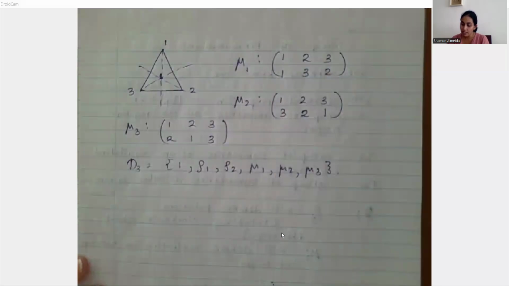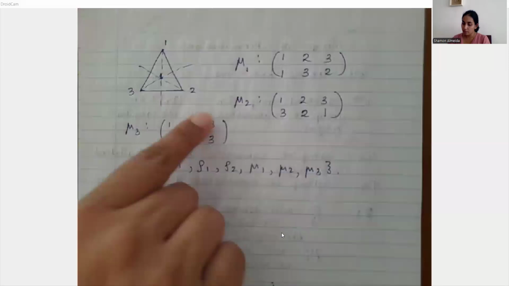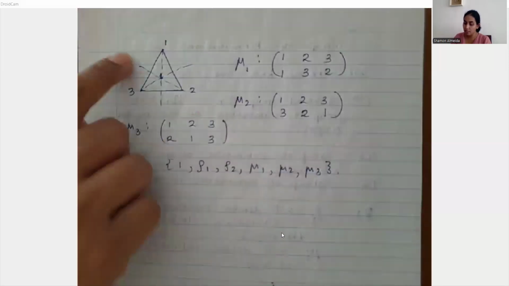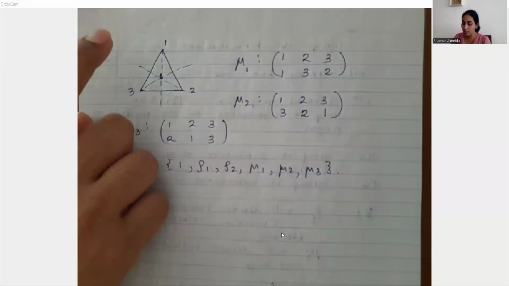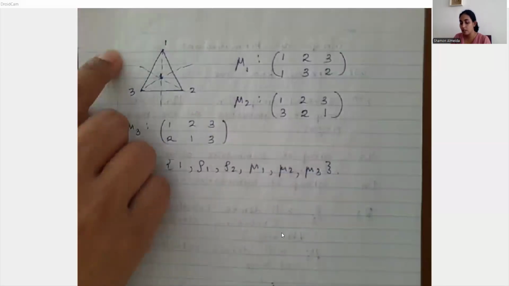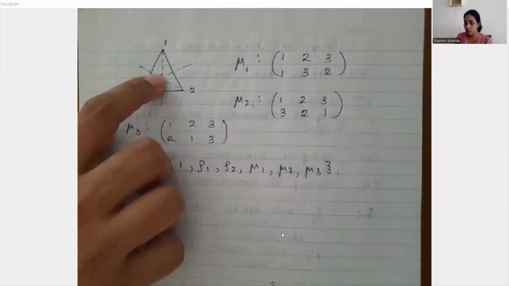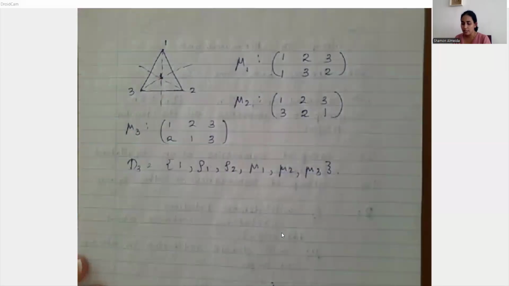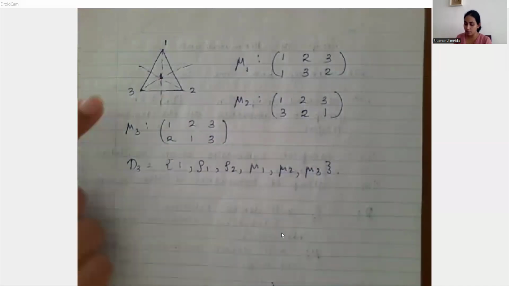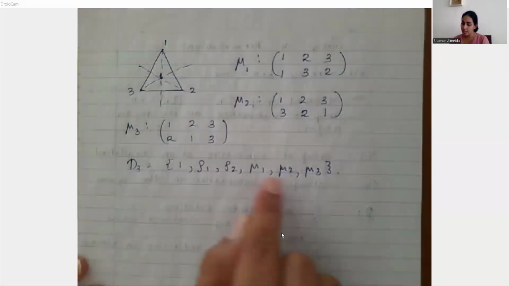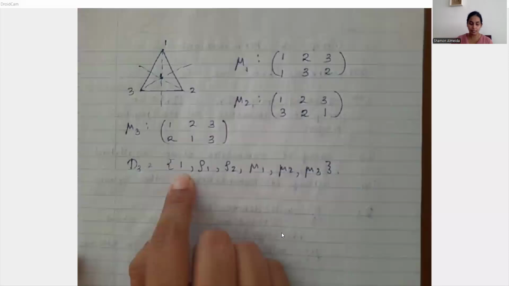Then mu 2, we have taken this to be the reflection of this triangle about the line through the origin and the vertex 2. Then we have mu 3. So we have these distinct elements, right? And these are the only 3 lines of symmetry for the triangle. So for the equilateral triangle, we have these distinct elements in D3 where one resembles the identity.